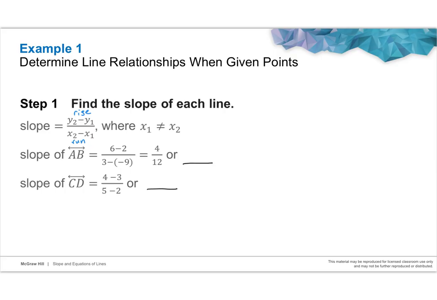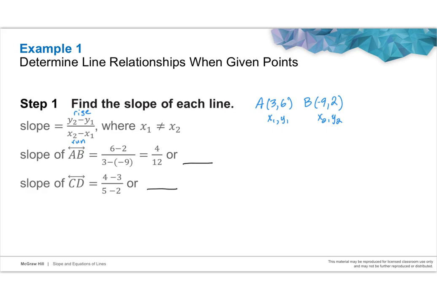And again, if we think about AB, a reminder that we had A was 3, 6, and B was -9, 2. So if it helps you to write your x1 comma y1 and x2 comma y2 underneath those points, then do so. But we can go ahead and notice that our y's are subtracted here.